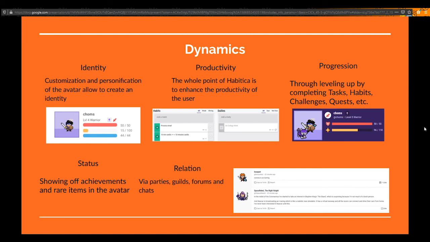The dynamics it creates is that by customizing and personalizing your avatar, you create an identity. Also, the whole point of Habitica is increasing the productivity of the user and progression through leveling up.